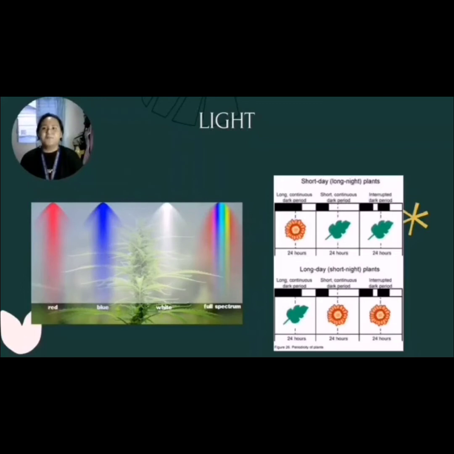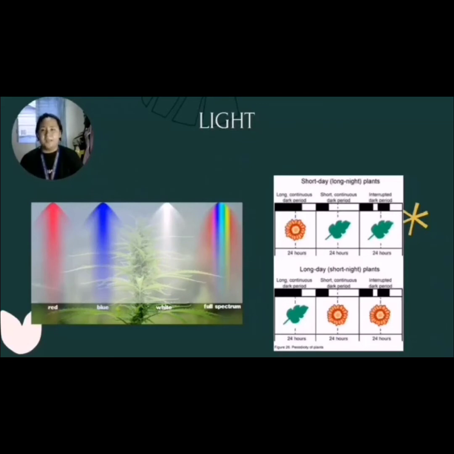In light there is also a photoperiod, which is the length of daylight. There are short day plants and long day plants. Short day plants are plants that begin to flower when the night is over 12 hours long.